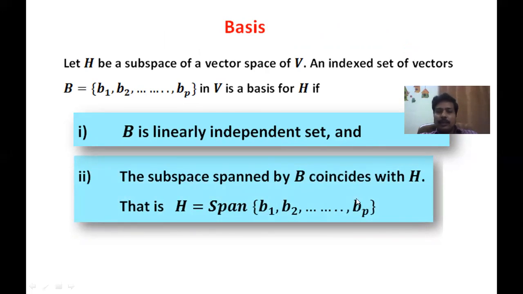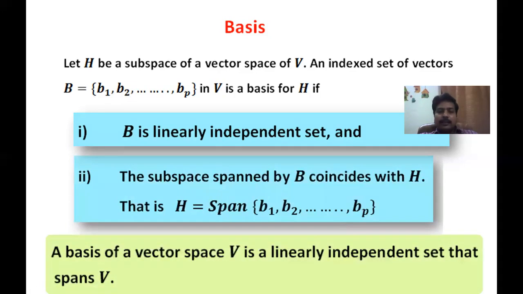If these two conditions are fulfilled, then the set B is said to be a basis for H. If we can find a set such that it spans the entire vector space V and it is linearly independent, then we can say that set is a basis for the vector space.